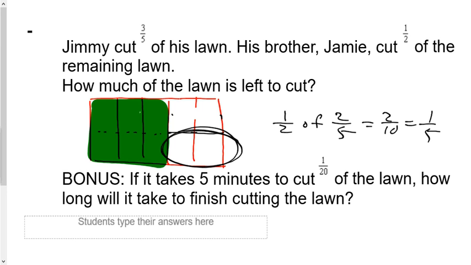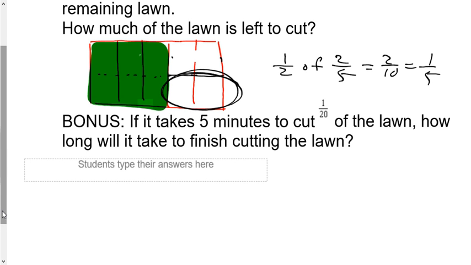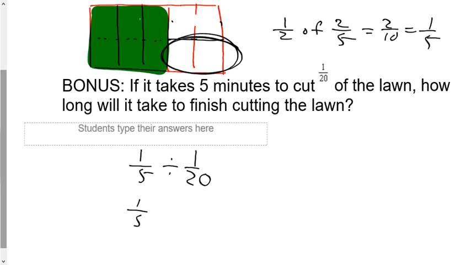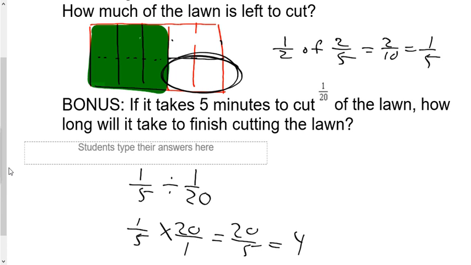Okay? Now here's where it gets complicated. How many 20ths can you make from 1/5? The correct operation is actually division. So 1/5 multiplied by the reciprocal is equal to 4. And that makes sense because really 1/5 as an equivalent fraction is 4/20ths, right? Because 1/5 and 4/20ths are equivalent.